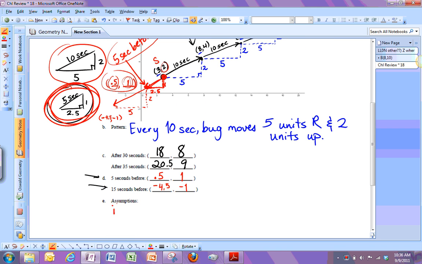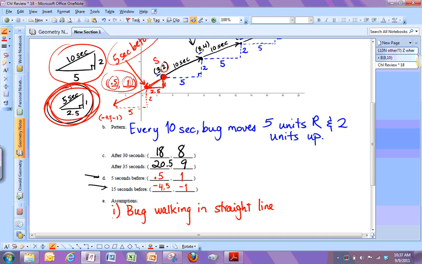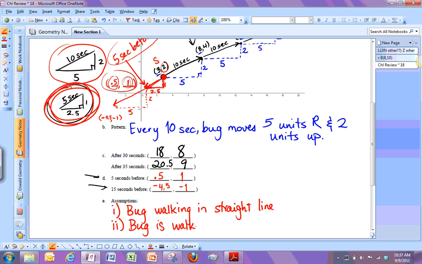So really we made 2 assumptions. One is the bug is walking in a straight line. And 2, we're assuming the bug's not changing how fast he's walking. So bug is walking with a constant speed.